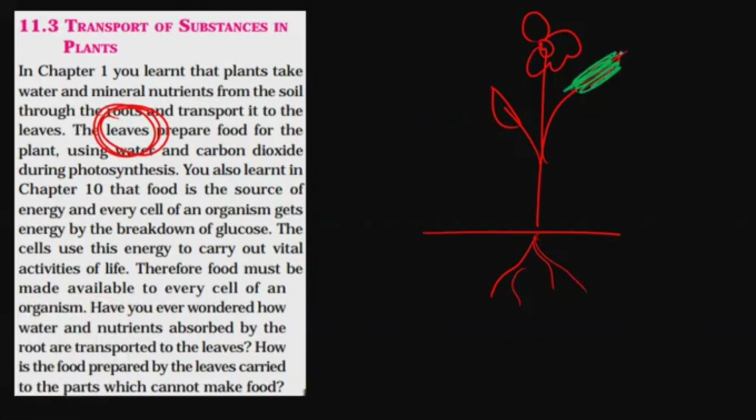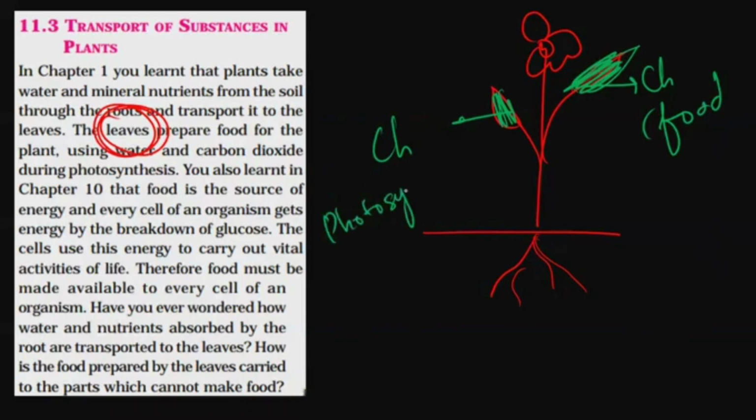The green parts of the plant have chlorophyll, and they prepare food through photosynthesis. But if the leaf uses the food on its own, then how is the rest of the plant going to get it?